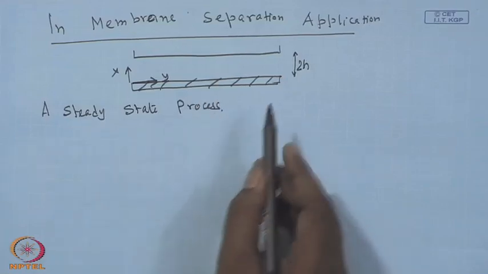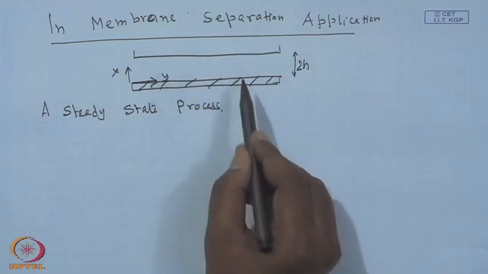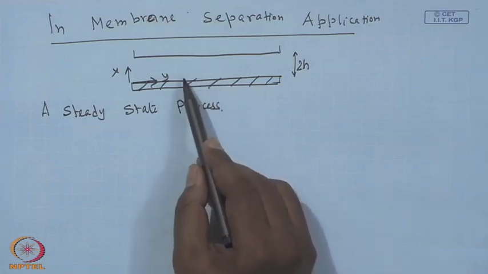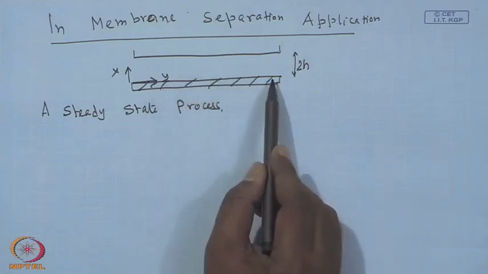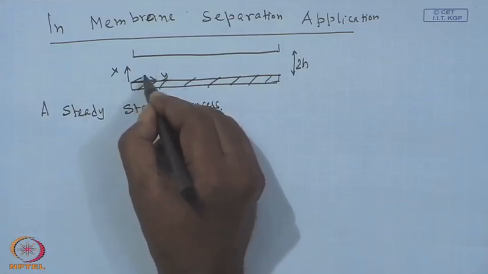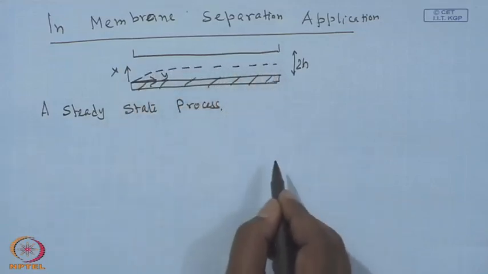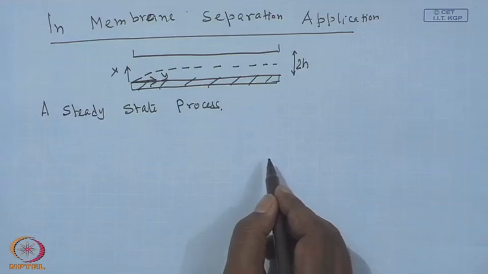In this case, the whole operation is under high pressure. Because of the pressure, the solid particles will be depositing over the membrane surface, forming a thin concentration boundary layer. So, this is a thin mass transfer concentration boundary layer.